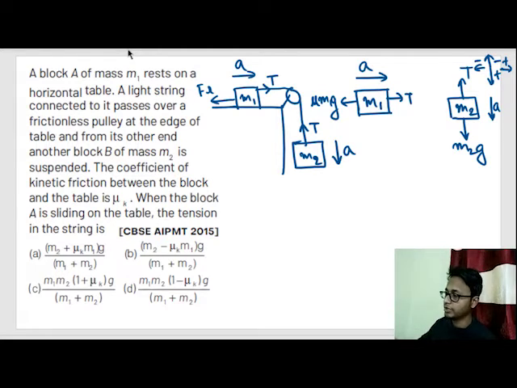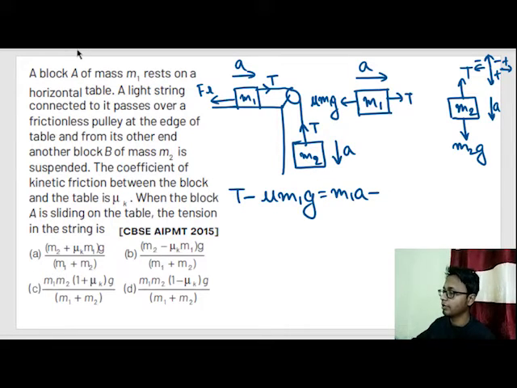Okay, so let's draw the FBD of the first block, the M1 block. T minus mu M1G is equal to M1A. This is from this block. Now let's draw the FBD of this block. M2G minus T is equal to M2A.